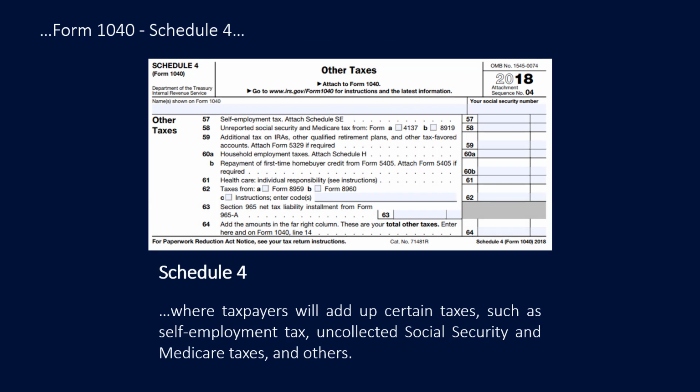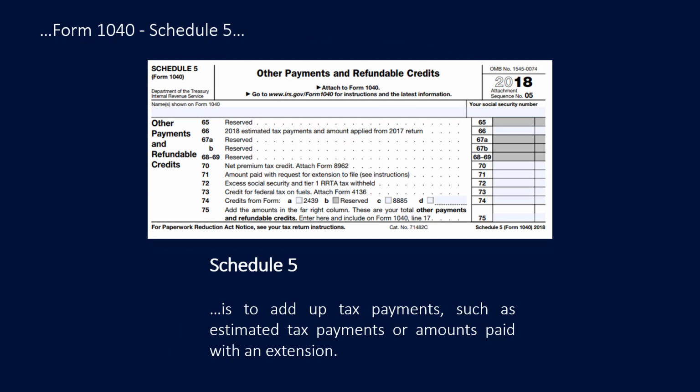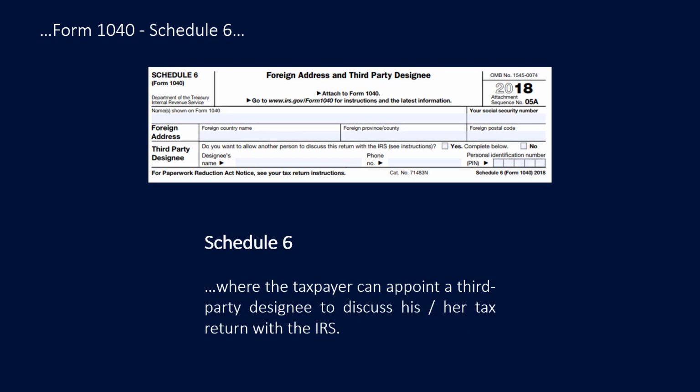This schedule is where taxpayers will add up certain taxes, such as self-employment tax, uncollected Social Security and Medicare taxes, and others. Schedule 5 is to add up tax payments, such as estimated tax payments or amounts paid with an extension. Schedule 6 is where the taxpayer can appoint a third-party designee to discuss his or her tax return with the IRS.